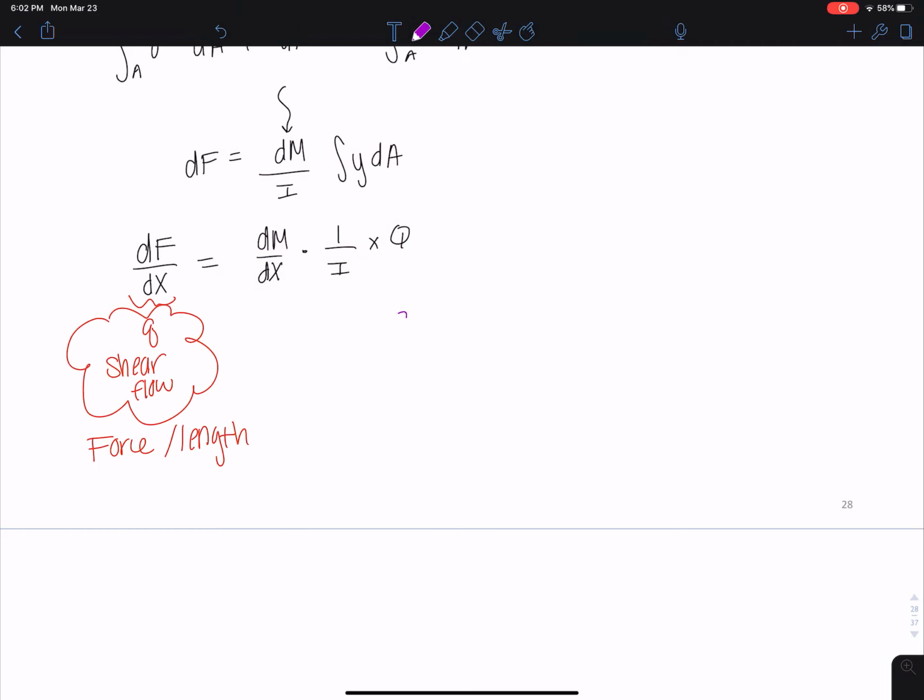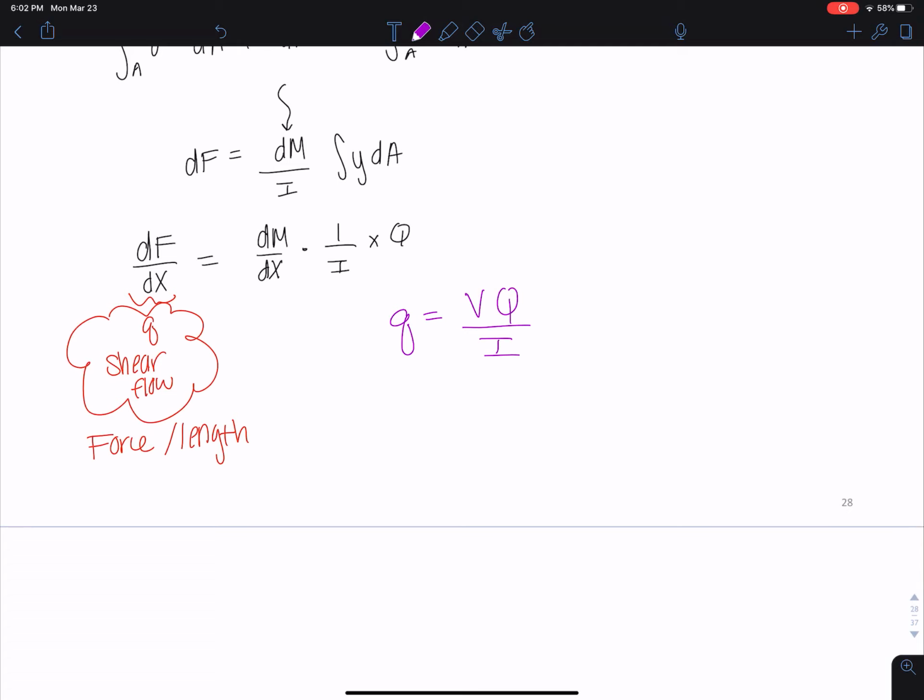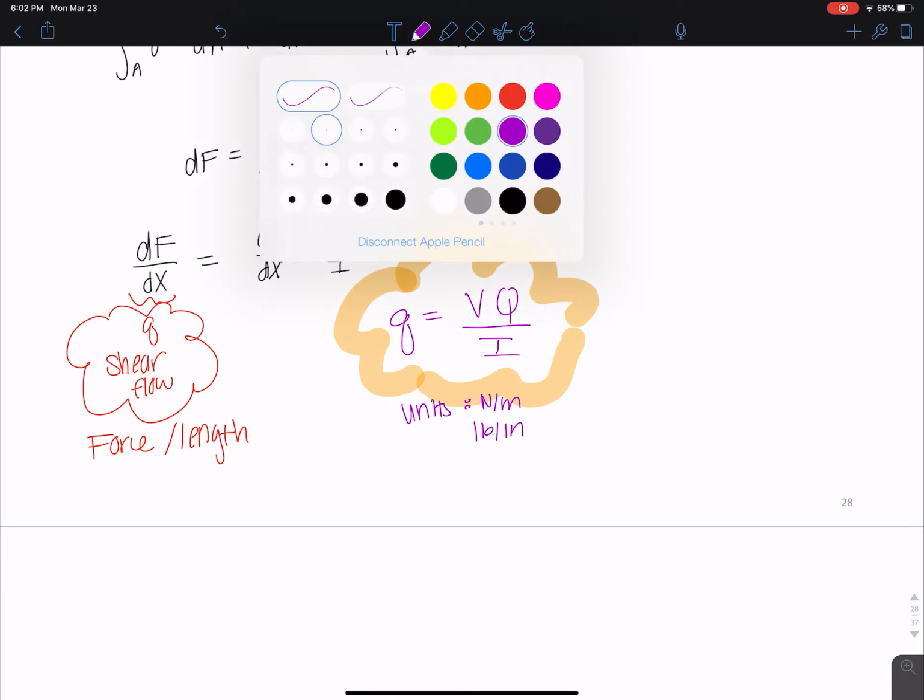So we get this equation that looks like this, q = VQ over I, and the units for this are newton per meter or pound per inch. This is a very important equation, the shear flow equation.